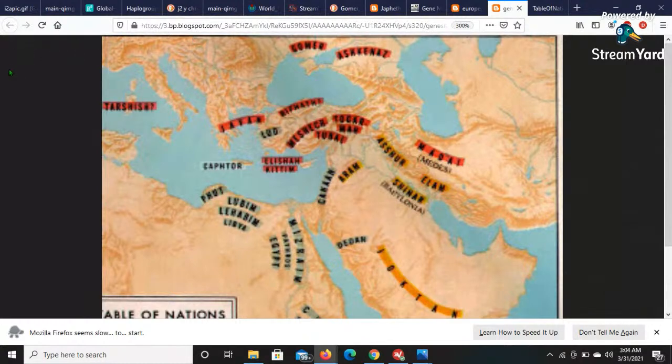So the Javan could have been the Neanderthals. And the reason the Asians have more Neanderthal is because they belong to the same family tree. So the Javan could be Neanderthals, and the Denisovans could be, who knows, the Madai. Could be anybody, right?